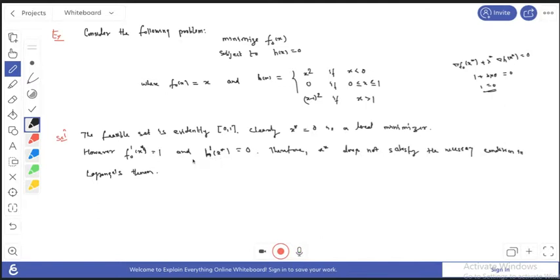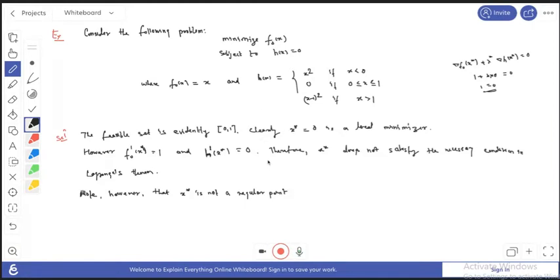Note, however, that this x star is basically not a regular point. First of all, you have to check whether your point is regular or not, and then you apply Lagrange's condition.